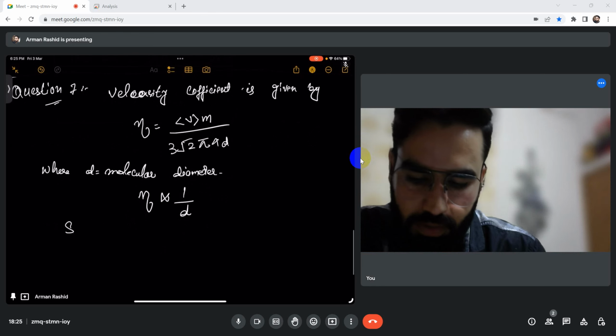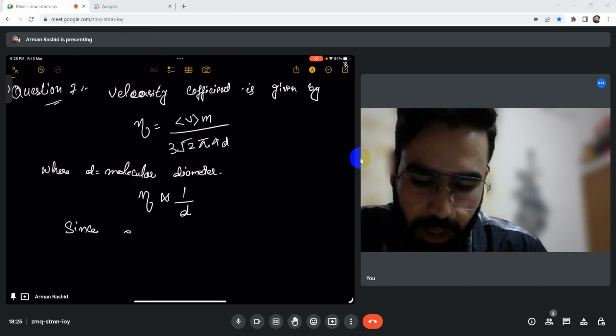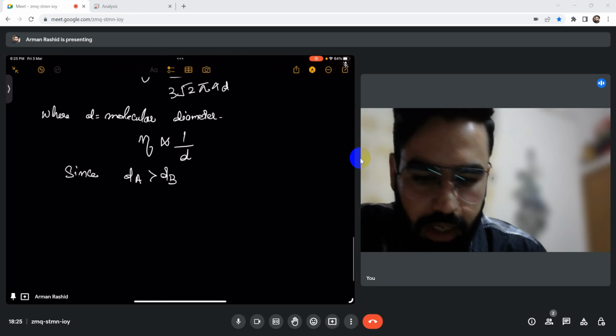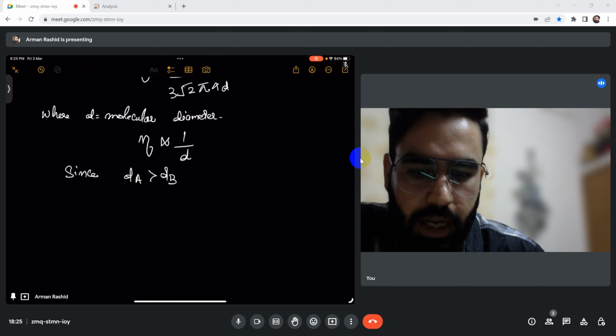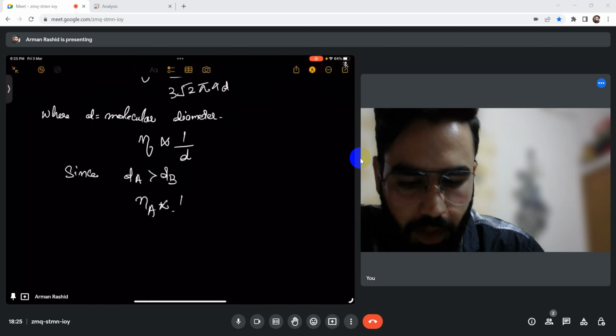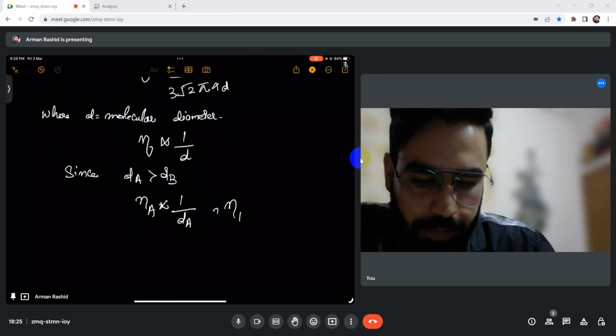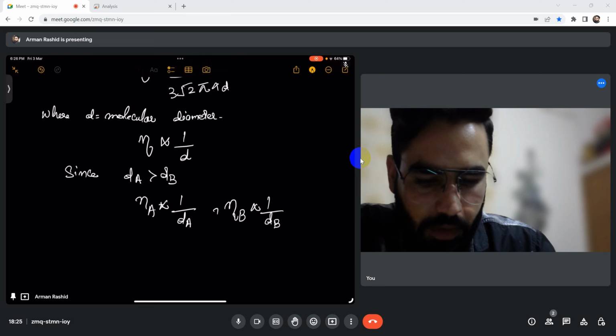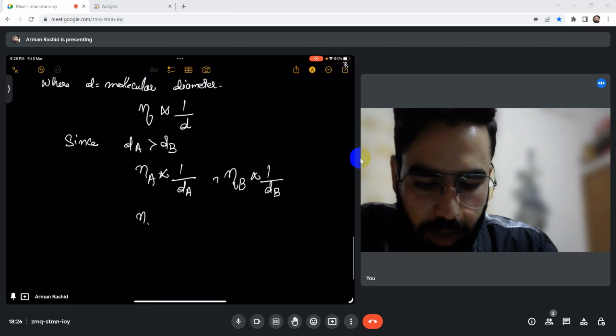Now the diameter of A is greater than the diameter of B, right? So we'll write eta A is directly proportional to 1 by dA, and eta B is directly proportional to 1 by dB. If we divide eta A by eta B, it will be equivalent to dB by dA.